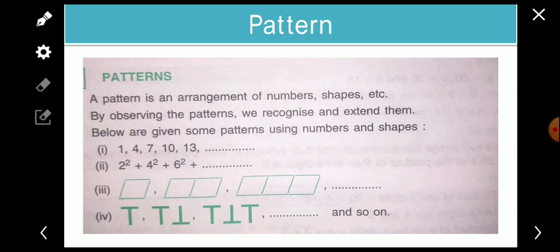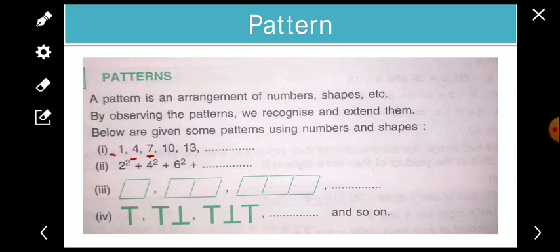Like here you can see 1, then 4, then 7, 10, 13. After that, which number should be written here on this basis? For that we'll have to find the relation between the numbers, or which pattern is being followed. Here you can notice that 1, then 4 has come, and then 7.